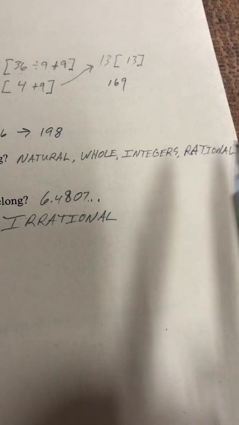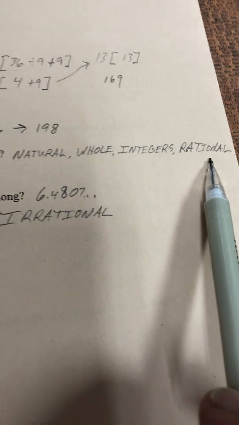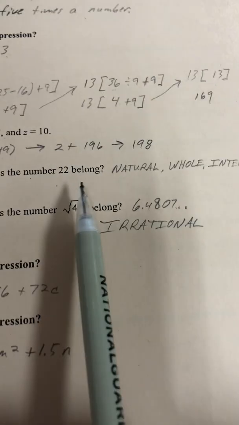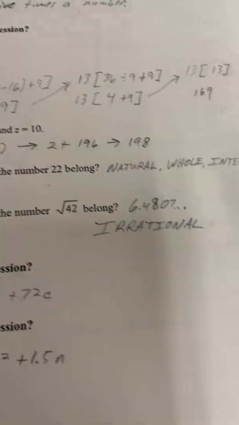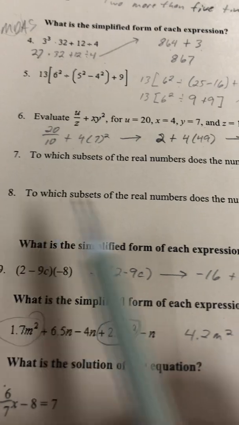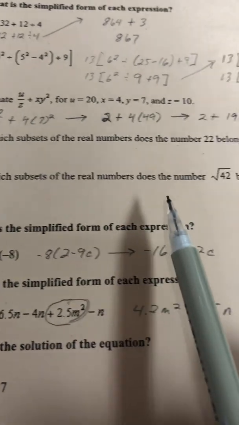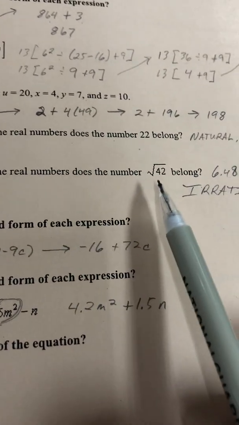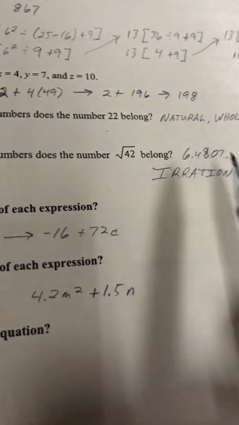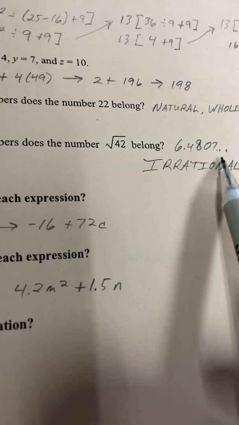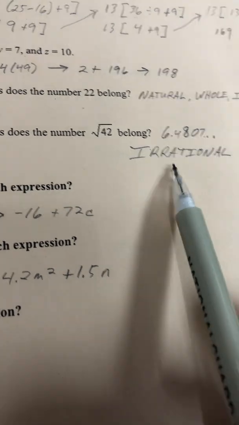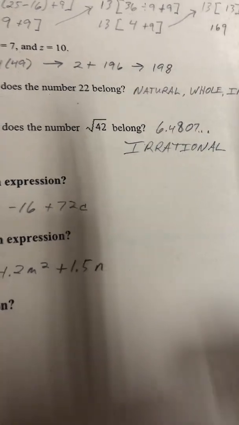And then rational, and we're good, because you could represent that as a fraction, 22 over 1. Number 8, to which subset of real numbers does the square root of 42 belong? When you do the square root of 42, you get some crazy number that does not end. That's going to be an irrational number.